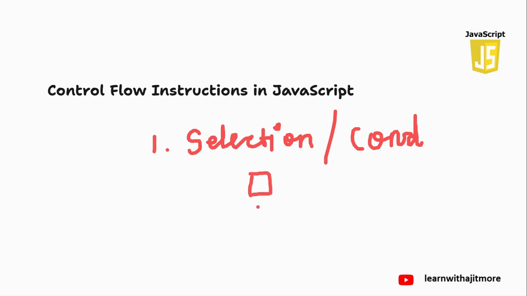Multiple code blocks are there. Every code block is doing some specific work. Some task is there, some task is there, some task is there. But I don't want to run everything. I want to run any one from it. But how is the selection to be done? The selection will be done on the basis of a condition. You'll check the condition.